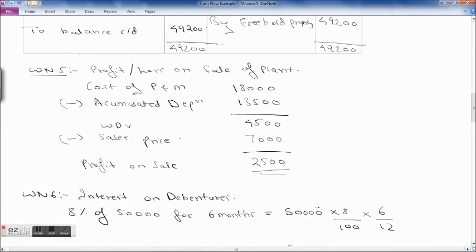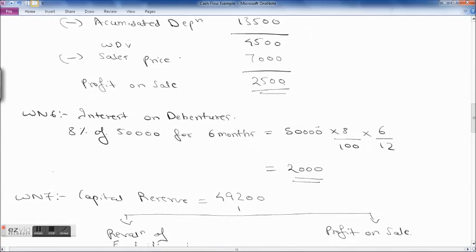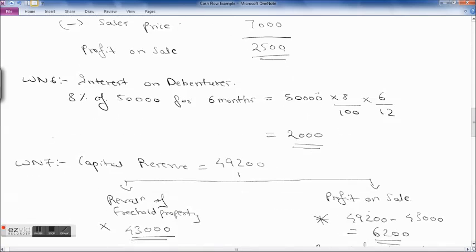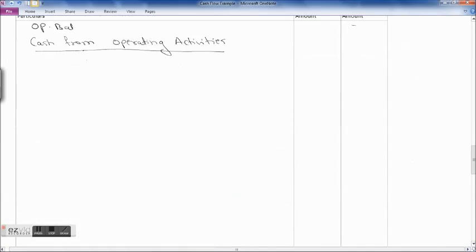We are calculating your cash flow from operations under the indirect method. So we have to add back this interest on debentures in your cash from operations and reduce it from your cash flows from financing activity. So under cash from operating activity, first I'll put net profit for the year; we'll put the amount later.